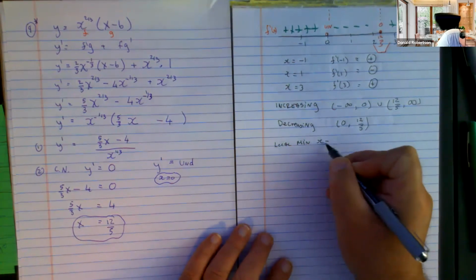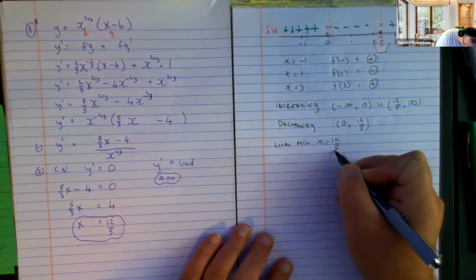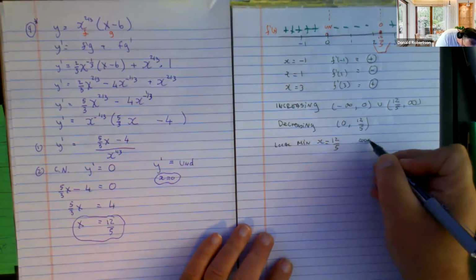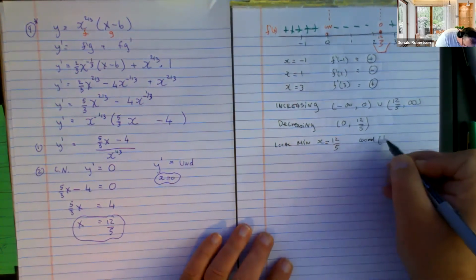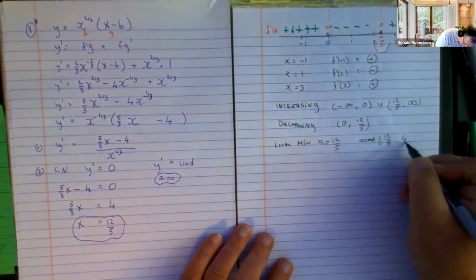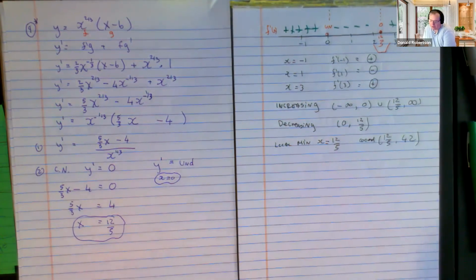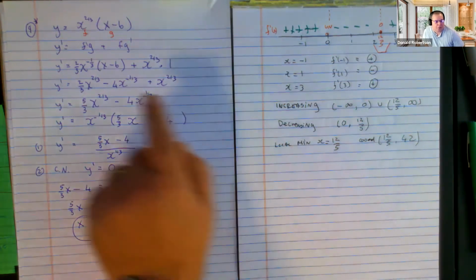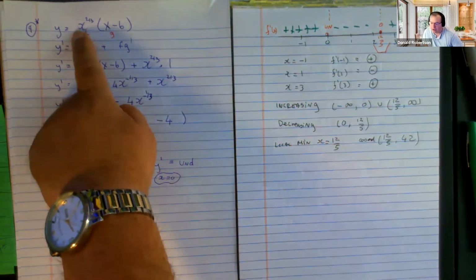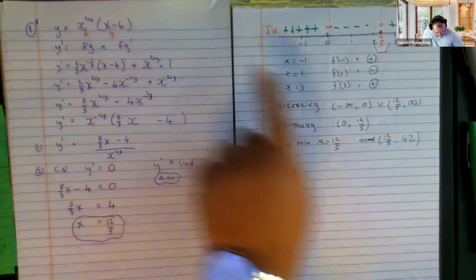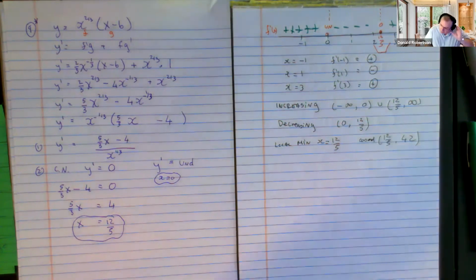And it's going to happen at x equals 12/5, and the coordinates of it are going to be 12/5, 42, because I'm just guessing a number for the y coordinate, because I just want to do things quickly. But to get the right answer, I would have to plug it into here and get some really ugly, weird value, but that would be the y coordinate, if you were asked to find it.